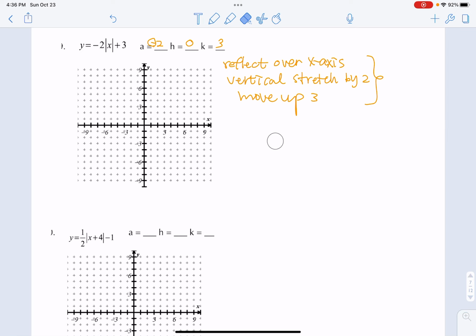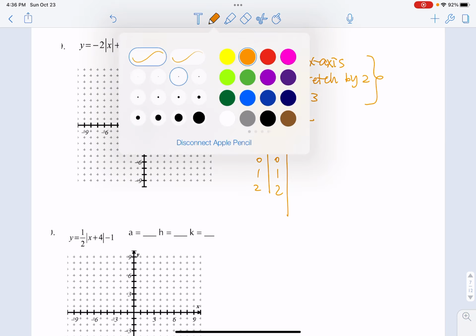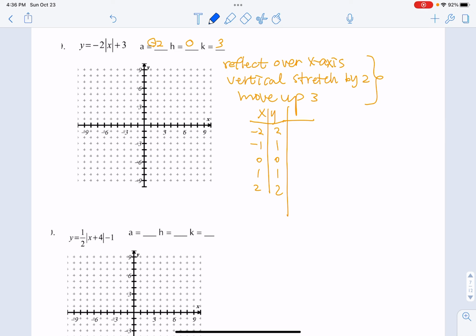So the original parent function has -2, -1, 0, 1, 2, and 2, 1, 0, 1, 2. Only the y value will change. You multiply the y value by -2, and then moving up means you add 3. So -2 times 2 is -4 plus 3 is -1. -2 times 1 is -2, plus 3 will be 1. 0 plus 3 is 3. -2 times 1 is -2 plus 3 will be 1.